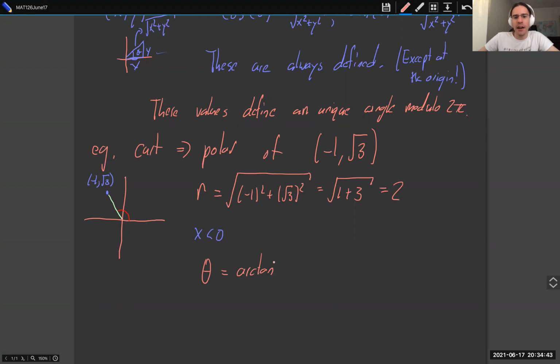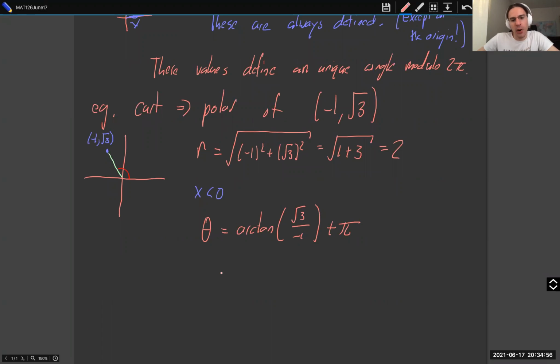So arctan of y over x, √3 over -1, plus pi, which is arctan of √3 plus pi. And of course, on your homework, you're going to encounter expressions like this.